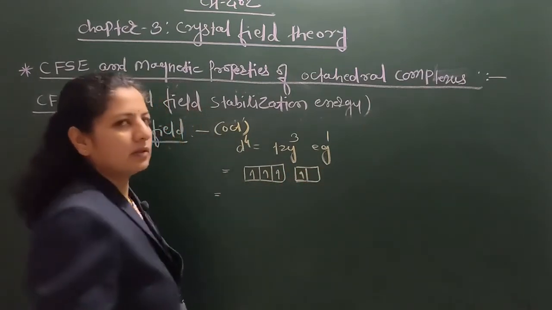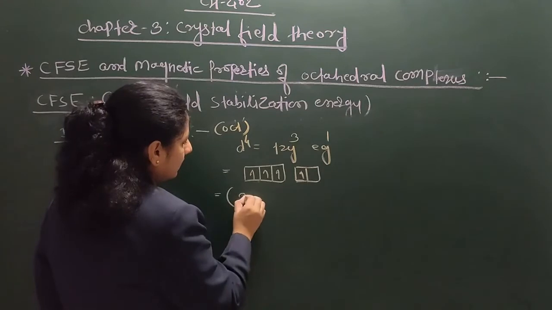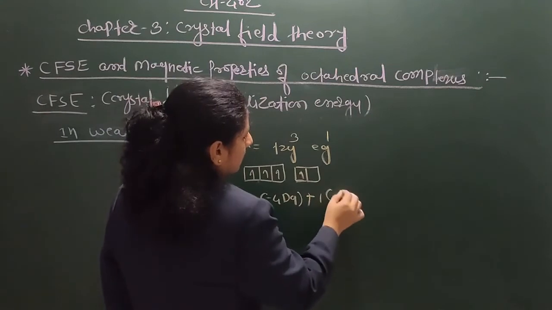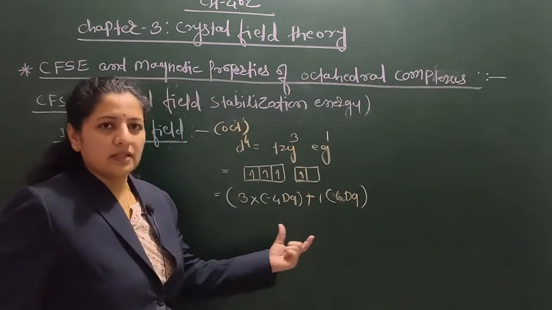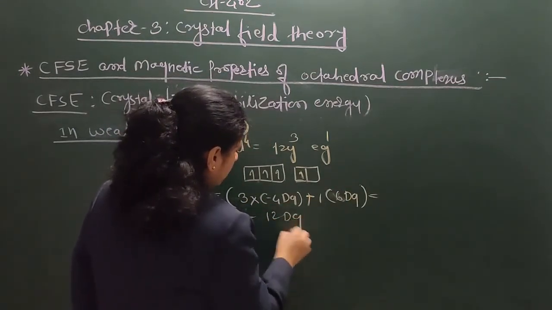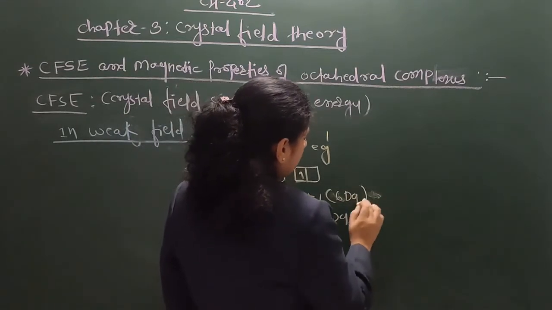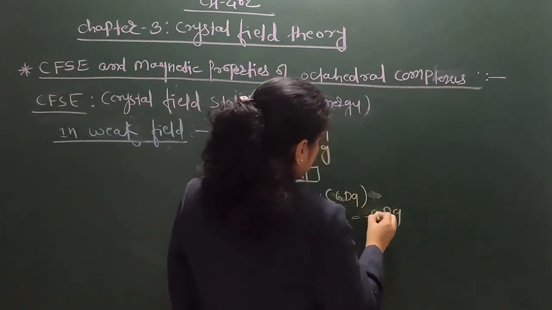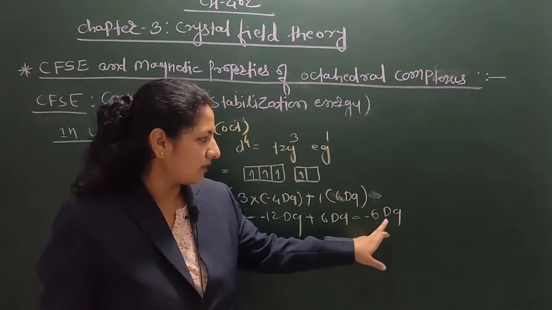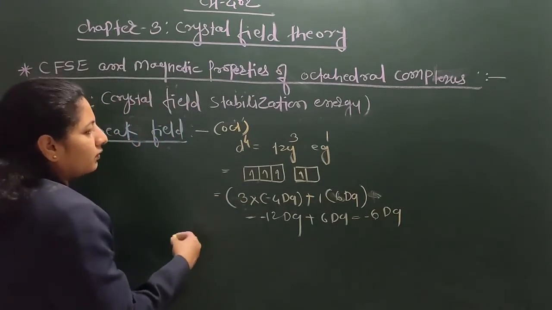According to the CFSE equation, the number of electrons in t2g, that is 3 into minus 4 dq, plus 1 electron in eg, that is plus 6 dq. So the CFSE for that is minus 6 dq. And there will be no pairing, so we cannot write the paired electron.